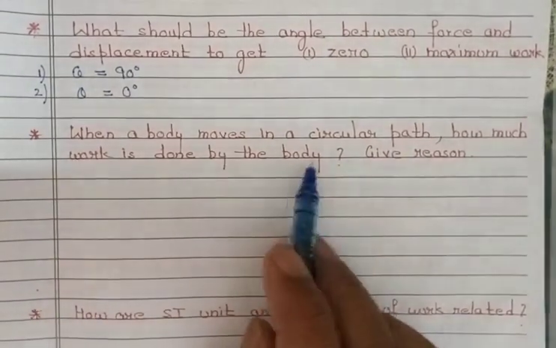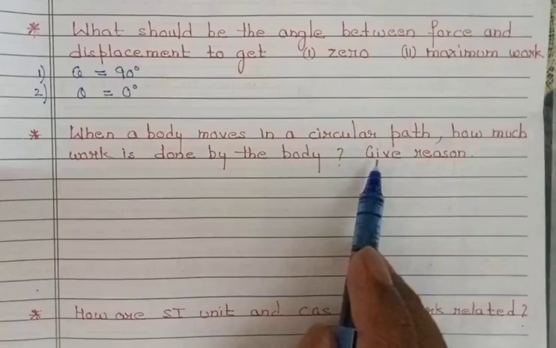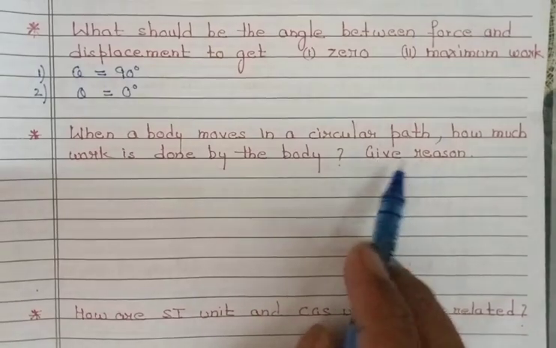When a body moves in a circular path, how much work is done by the body? And we have to give reason.